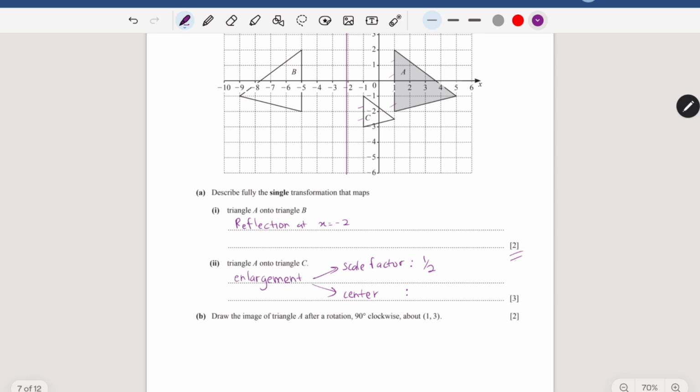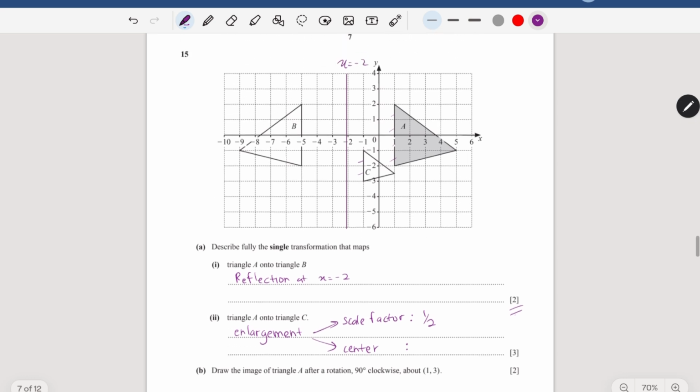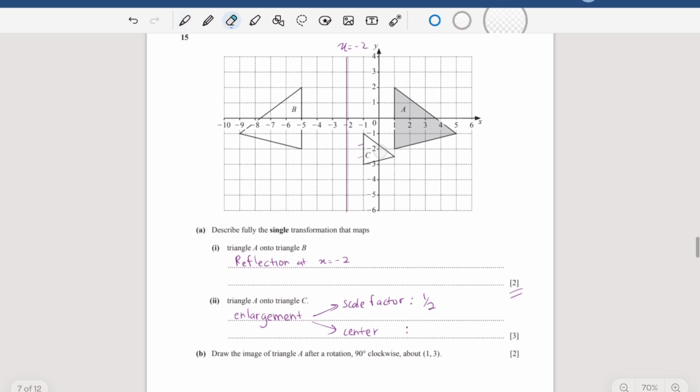So now let's look at the center of enlargement. How do we find the center of enlargement? Take the same points on the object and also the image, and then draw straight lines connecting them. Same goes to here. Draw a straight line connecting the points. When you draw the straight lines, you can get the center of enlargement.